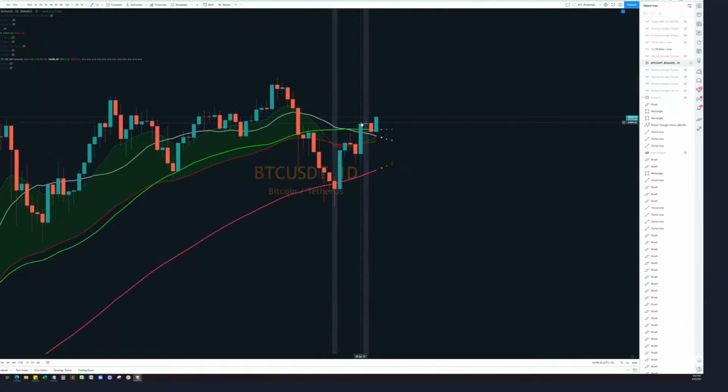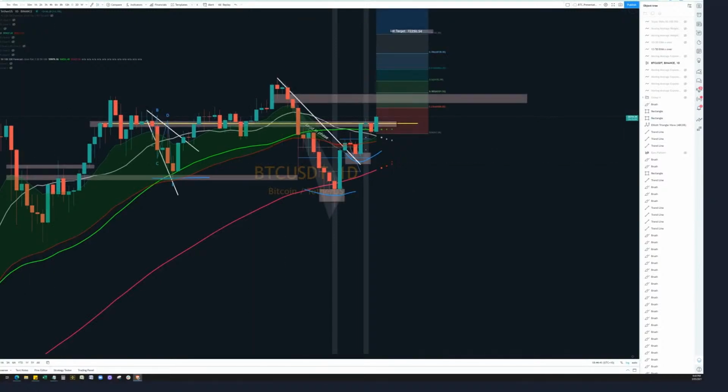Once we broke these lines decisively, it became support. And you can see across here, there's confluence that this level was significant. I still want my chart lines, and I want to explain a few things. So where are we?